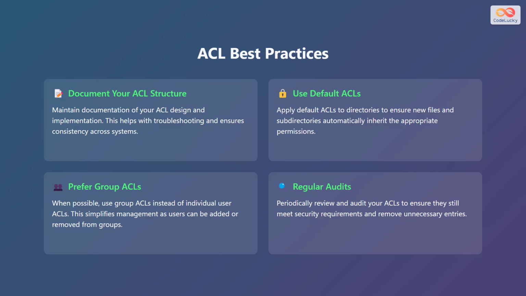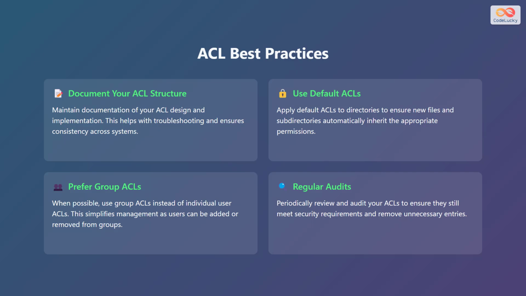Here are some best practices to keep in mind when working with access control lists. Always document your ACL structure. Maintain documentation of your ACL design and implementation. This helps with troubleshooting and ensures consistency across systems. Use default ACLs. Apply default ACLs to directories to ensure that new files and subdirectories automatically inherit the appropriate permissions.